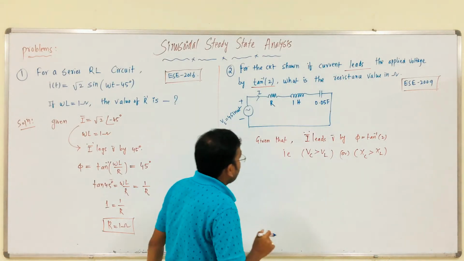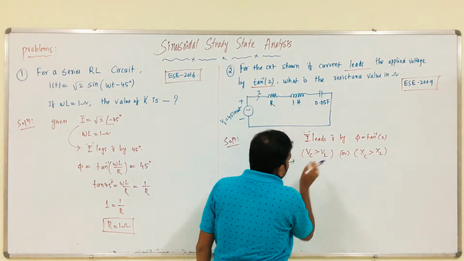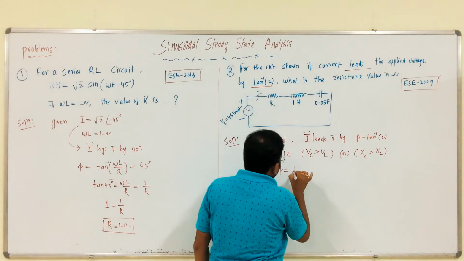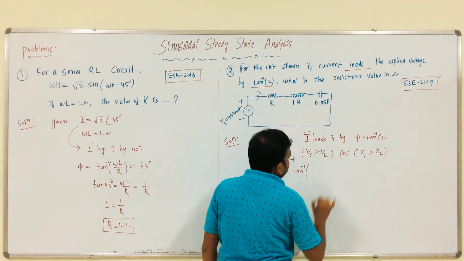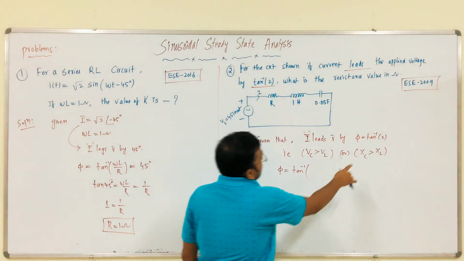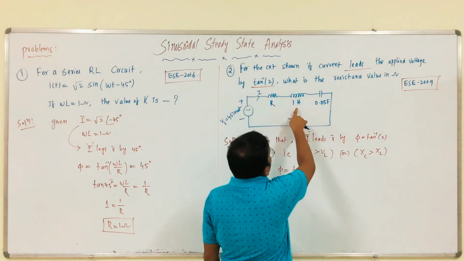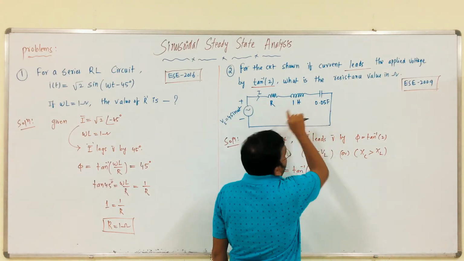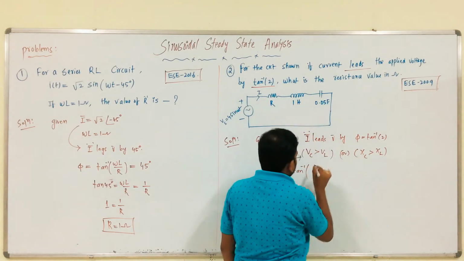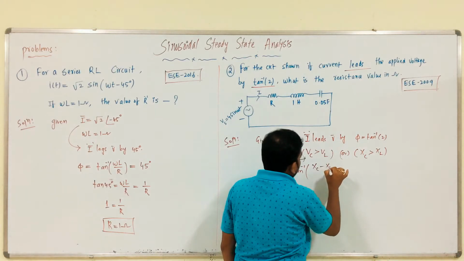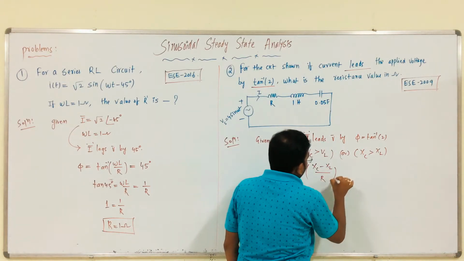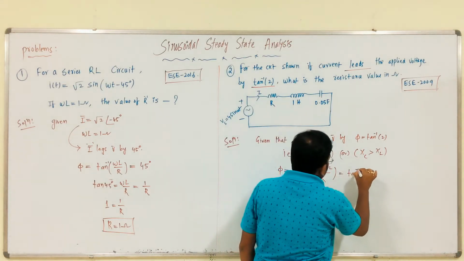If this is the condition, what is the phase angle? We all know tan inverse. Can we take this or this? We should prefer this because he provided the values of C and L. So it is better to take Xc minus XL by R, which is equal to tan inverse 2.